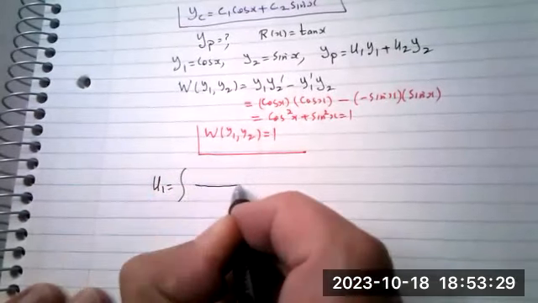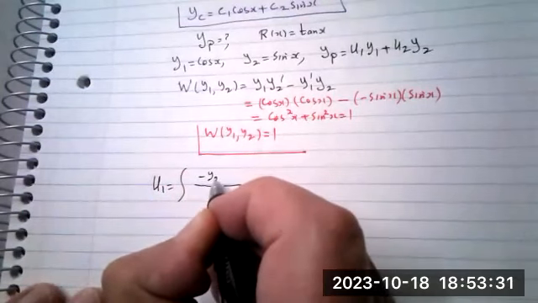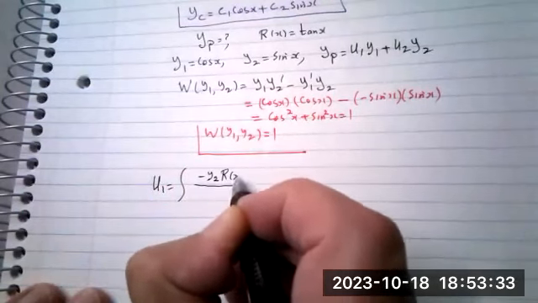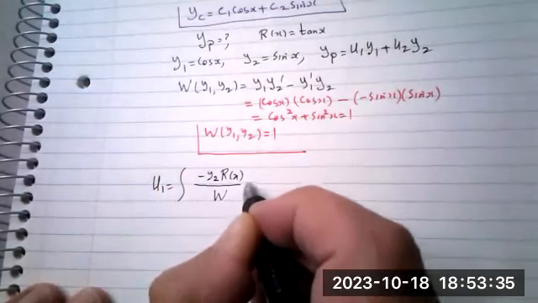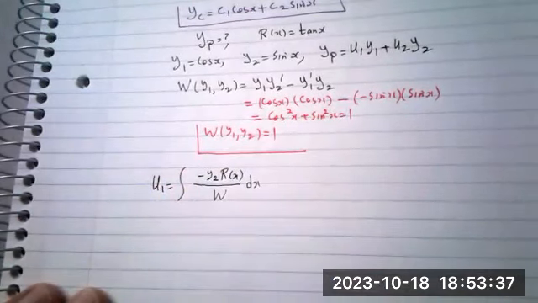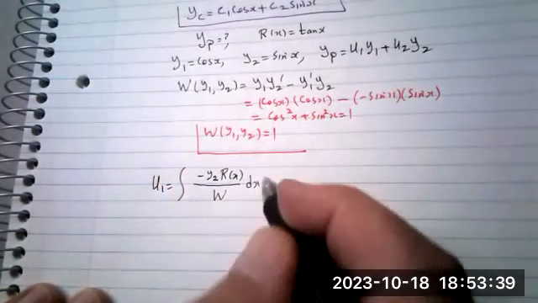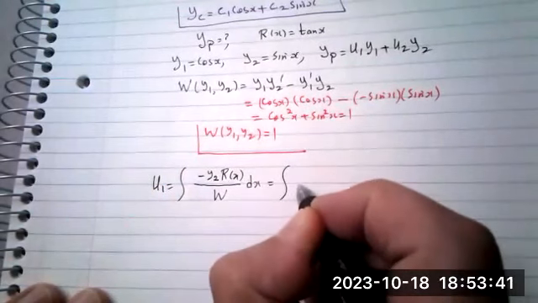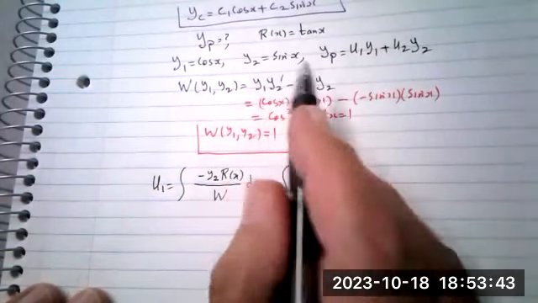u1 is the integral of negative y2 r(x) divided by the Wronskian, dx. So it's equal to the integral of negative y2. Your y2 is sine.